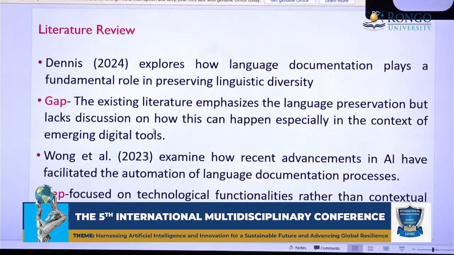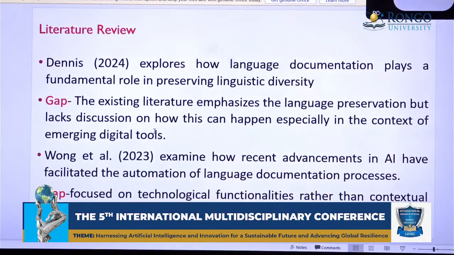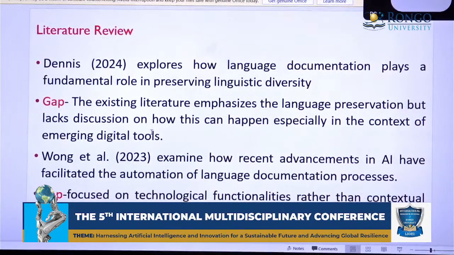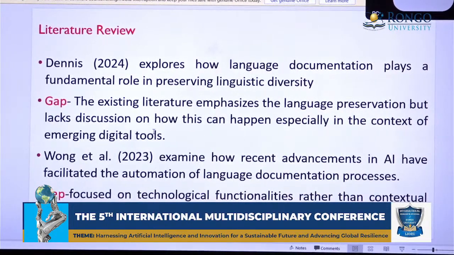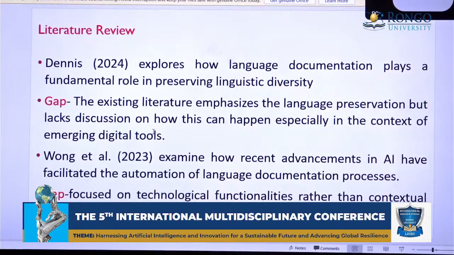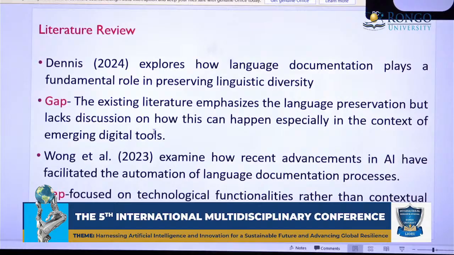Several initiatives were reviewed, but for the sake of this presentation, just the two, DEMIS 2024 and WOM 2023. From their findings, there is a gap on how technology can be used in the context of emerging digital tools like AI, and these studies are just looking at the functionalities of these technologies rather than the contextual applicability to indigenous African languages.